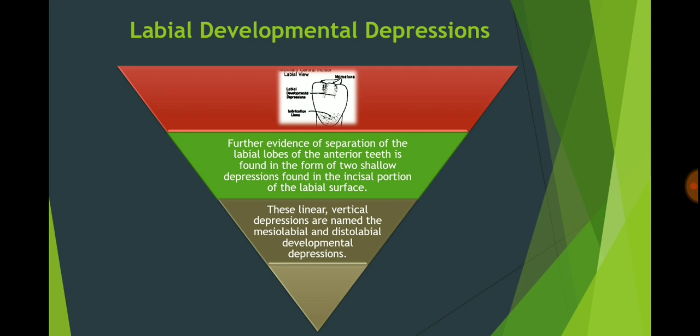And the linear developmental depressions are vertical depressions, and they are named according to the position. So you have the mesial, distal, and middle labial depressions. But the middle labial is not there, so you only have the mesial and distal labial developmental depressions.